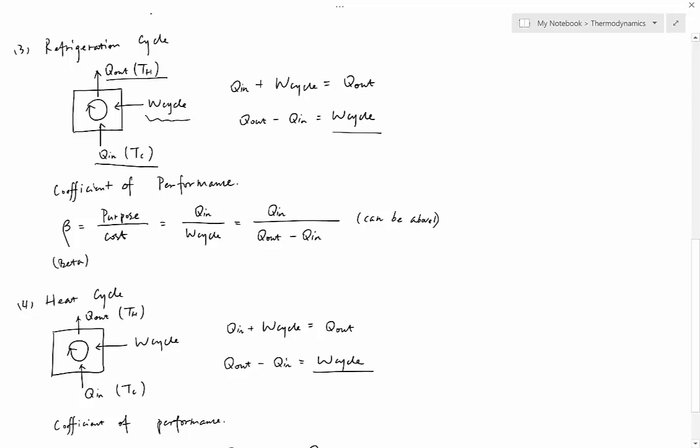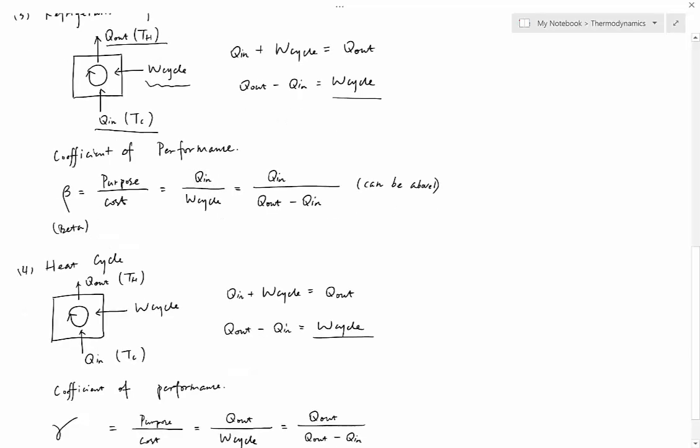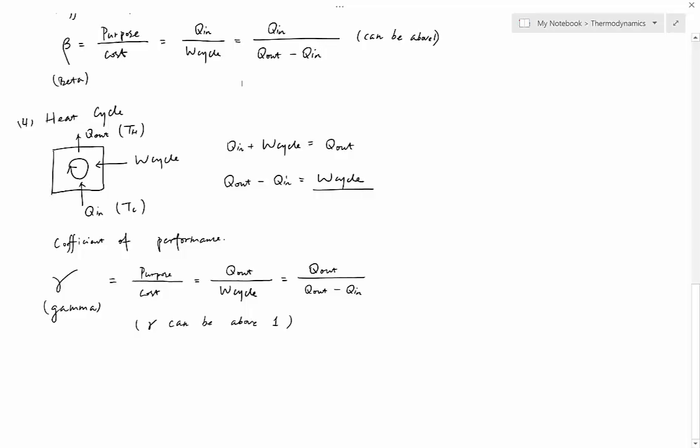What is the purpose for a refrigeration cycle? Q in. Q in here is the reason for a refrigeration cycle. And then if you move on to a heat cycle, what is the purpose of a heat cycle? That's different. This time it's Q out.